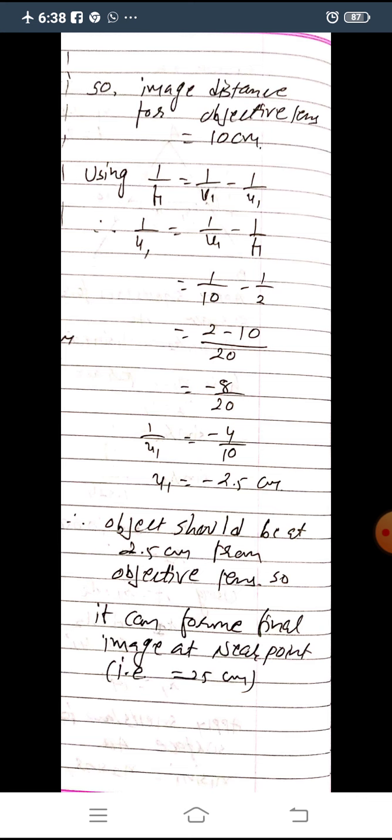Put in all the values: V as 10 centimeters, focal length as 2 centimeters, do the necessary calculation, and we get U1 as minus 2.5 centimeters. Therefore the object should be placed at 2.5 centimeters, so the final image is formed at the near point, 25 centimeters.